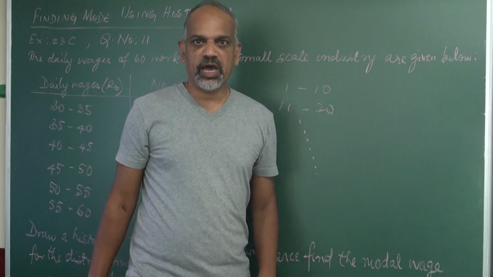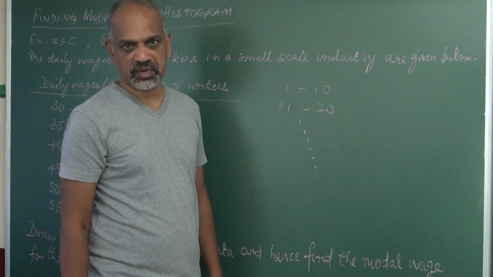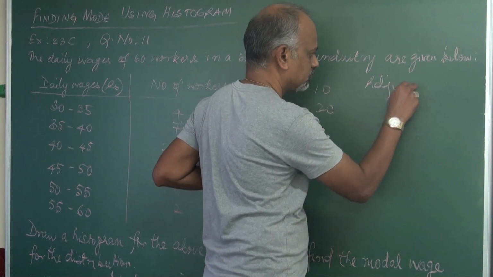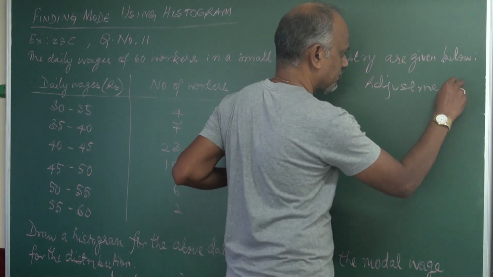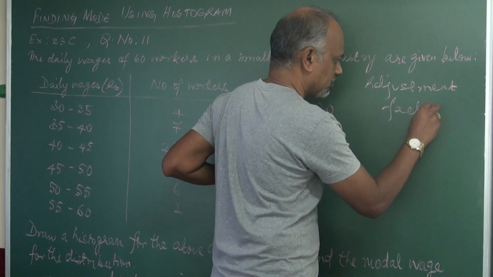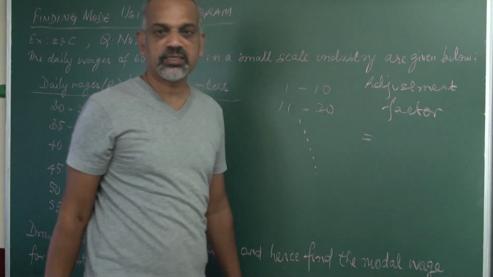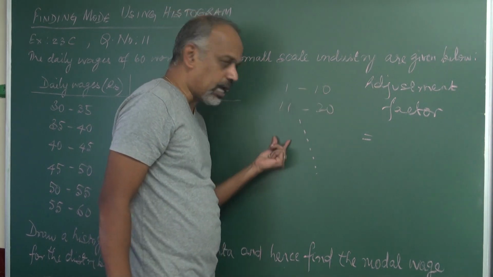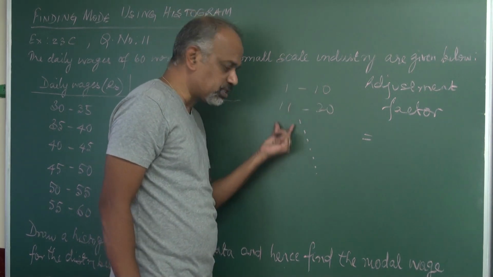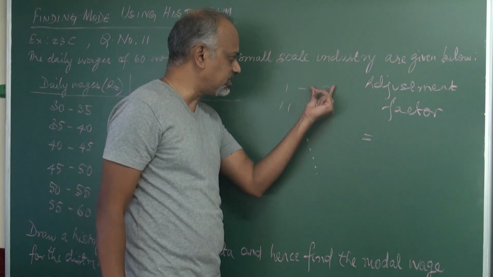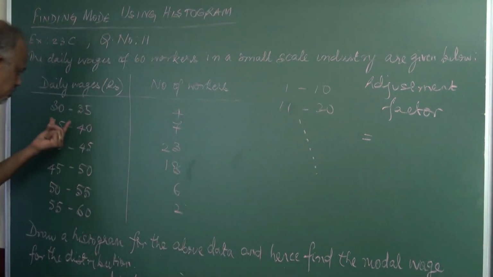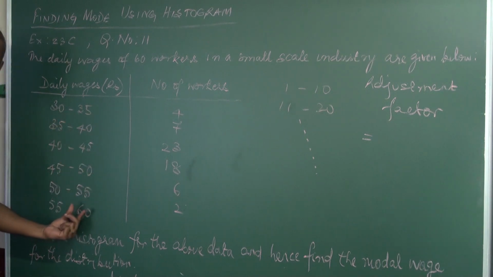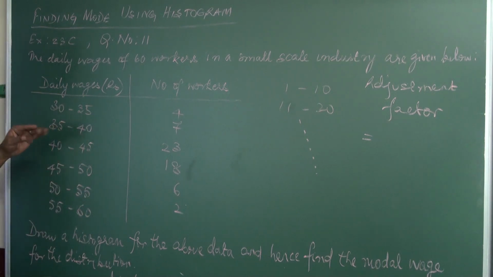So for that you have to find something called an adjustment factor. Now how to find this adjustment factor: these are the lower limits of the class intervals, these are the upper limits. Here there is continuity, so you don't have to bother.